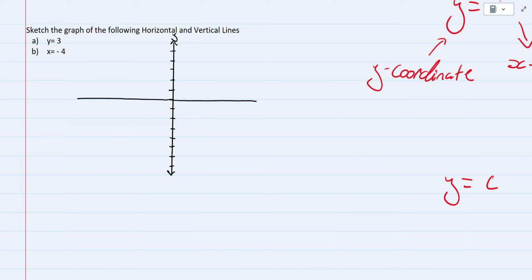There's our y. So we've got 1, 2, 3, 4, 5, 1, 2, 3, 4, 5, 1, 2, 3, 4, 5. There's our x-axis.